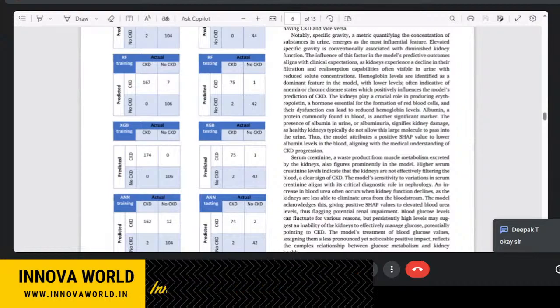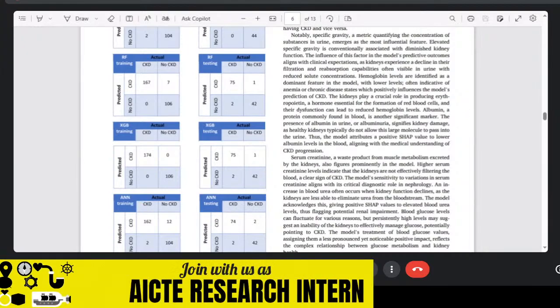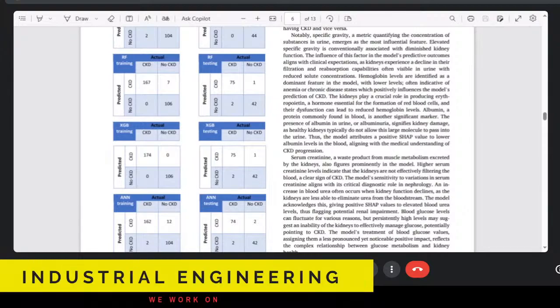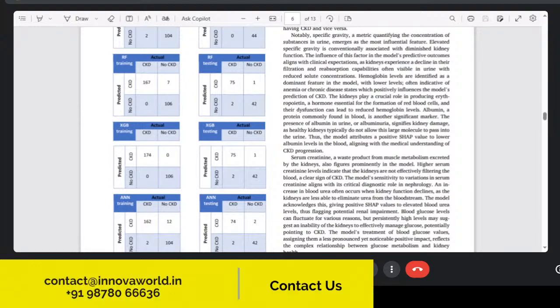You can use as many as possible if you have the knowledge. Otherwise, just Google the Python code for ANN, XGBoost, support vector machine, or random forest; you can easily get it. Just get it from Google.